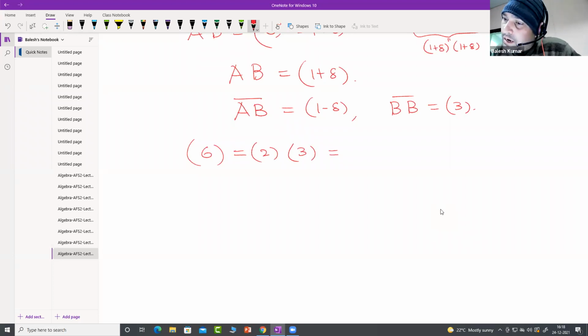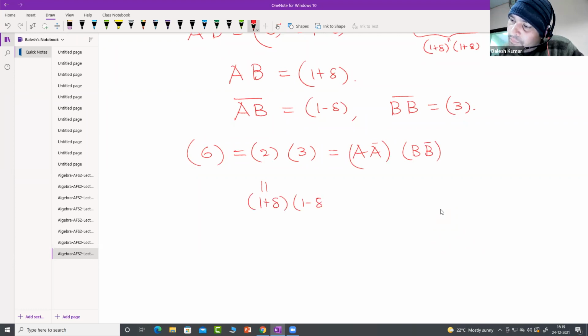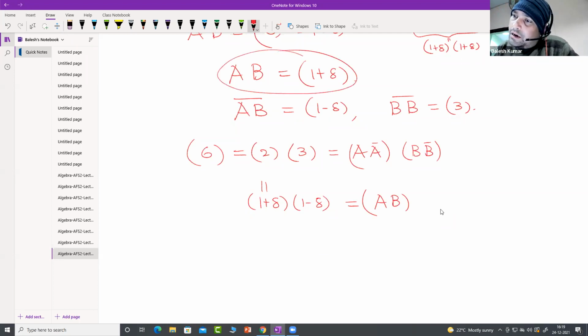And as we see, principal ideal 2 is the same as A A bar, and principal ideal 3 is the same as B B bar. And as we know, 6 is also equal to the principal ideal generated by 1 plus delta and 1 minus delta, and this is equal to the ideal generated by AB, which is here, and the ideal generated by this thing, A bar B bar.